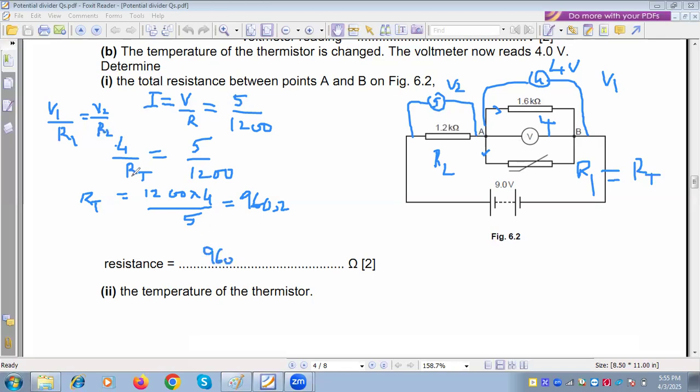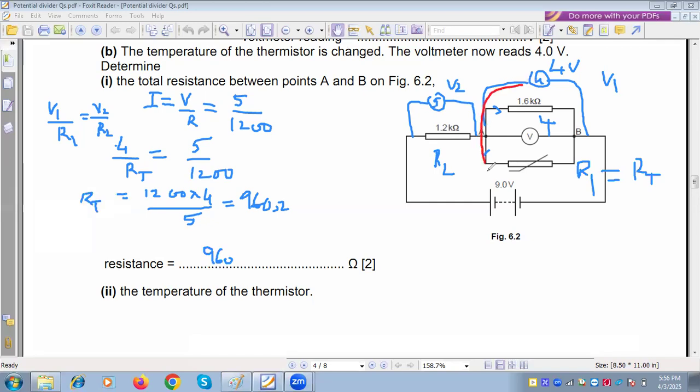4 over R total. The current through 1.6 and the thermistor will be the same, so 5 over 1200 equals 4 over R total. So I made R total the subject and worked out the value of the combined resistance.